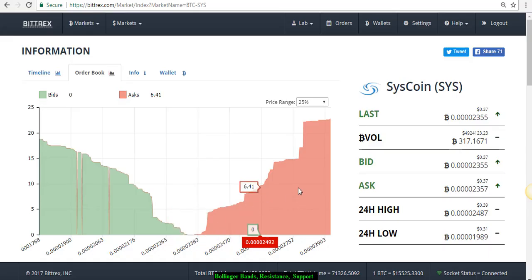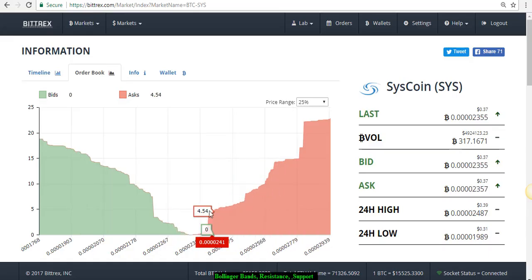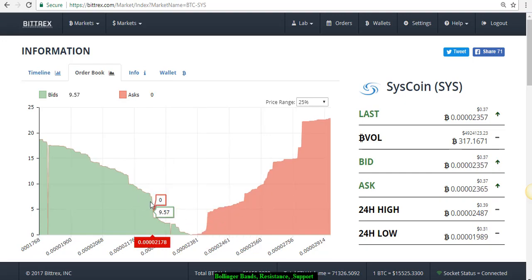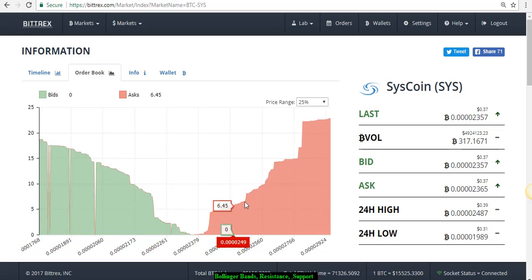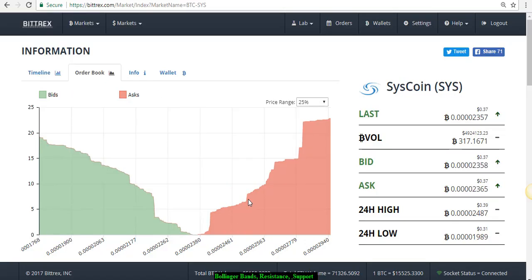We might get some more sellers trying to sell out in that time, and somebody starts buying into this wall, it gets broke down, and maybe I have an opportunity to put in a sell somewhere here where there's not a whole lot of walls for me to break through, and I can turn my 2222 into 2500, make roughly 280 Satoshi on every single one, which is going to be about a nickel.